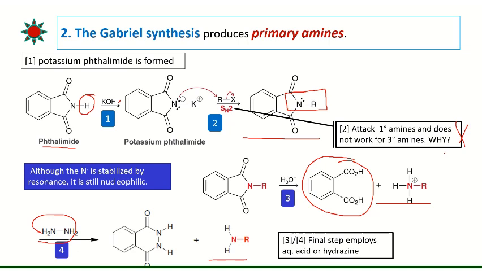We should say the attack works for primary alkyl halides, not primary amines. We should correct that. And of course, it is SN2. So it's a bimolecular mechanism, so we have to have primary species, yes? And there's nothing else we can do about that.